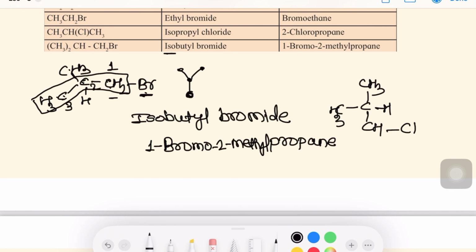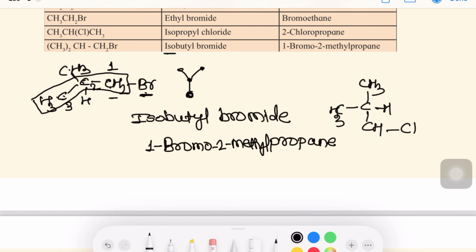Then the IUPAC name of this. Select the longest chain containing the halogen atom. So we select this as 1, 2 and 3. So the 3 carbon atoms. So the parent is propane. Bromine is at the second position, and the side substituent methyl is also at the 2 position.